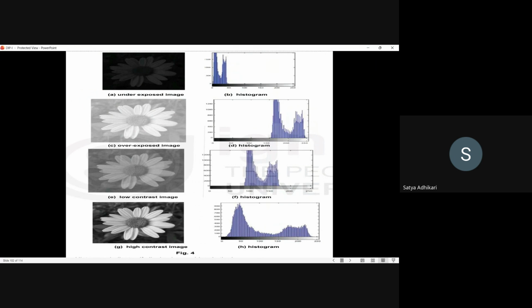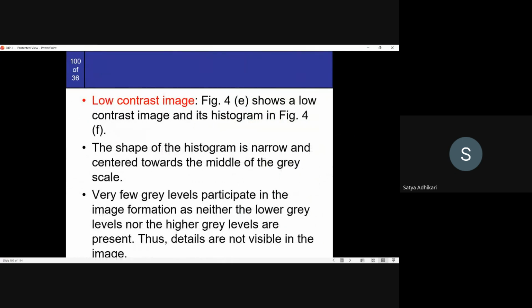Let us see the third one. In figure 4E shows a low contrast image and its corresponding histogram is given in F. The shape of the histogram is narrow and centered toward the middle of the grayscale.